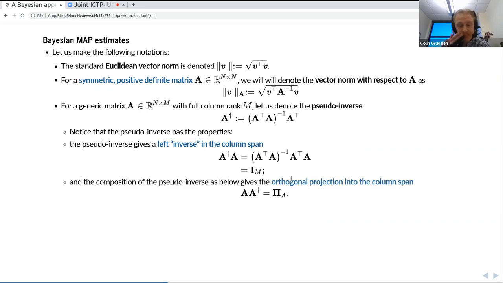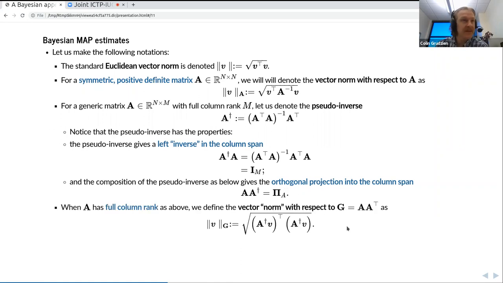Respectively, the composition of the pseudo-inverse with A on the left-hand side and A dagger is in fact the orthogonal projection into the column span of A. It's a very interesting construction. I don't think we have time to go through too many of the details, but the point is that if we have an A with full column rank as above, we can write this norm, in quotes, it's not really a norm, with respect to some G as A transpose.